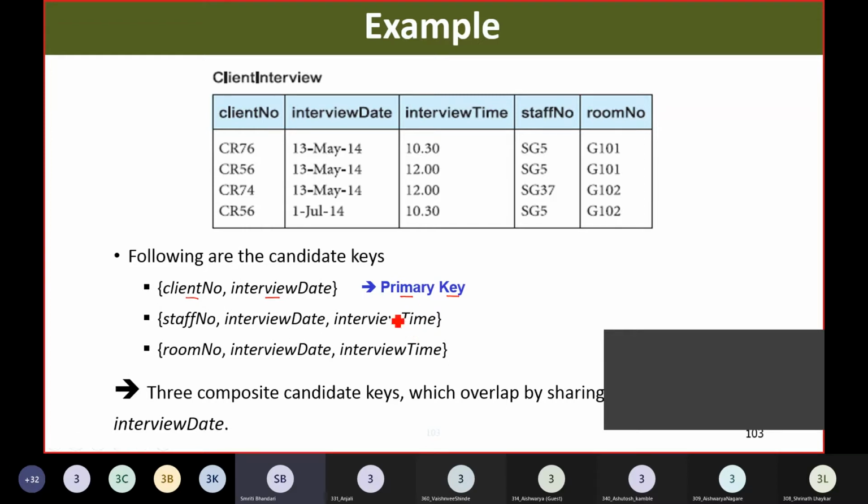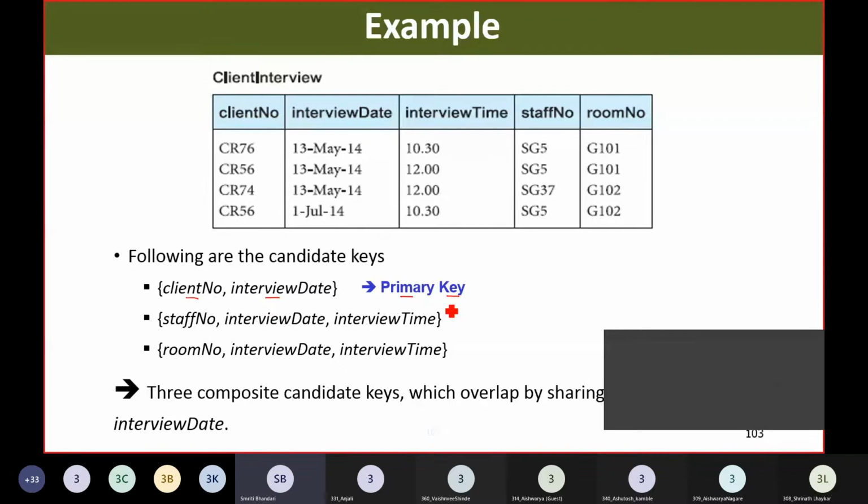So what are those candidate keys? We have identified that staff number, interview date, interview time would be a candidate key. Room number, interview date, interview time can also be our candidate key. Right? Client number, interview date is also a candidate key, and this candidate key is designated here as primary key.